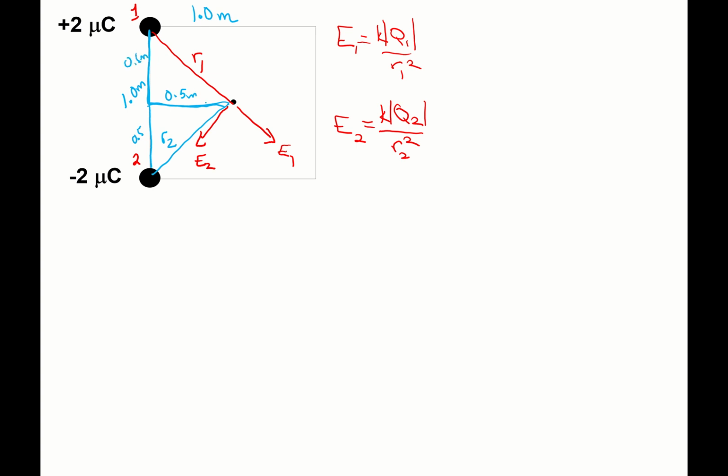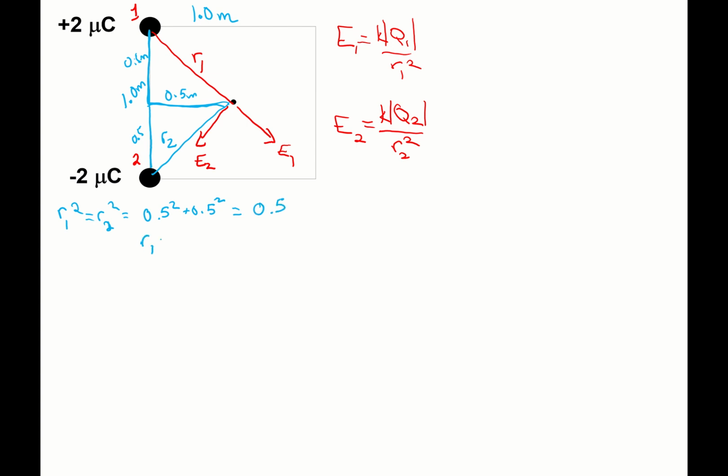So the length of R1, we use Pythagoras, is going to be 0.5 squared plus 0.5 squared, and same thing for R2. So R1 squared is going to be equal to R2 squared, equal to 0.5 squared plus 0.5 squared. 0.5 squared is 0.25, and 0.25 plus 0.25 is 0.5.